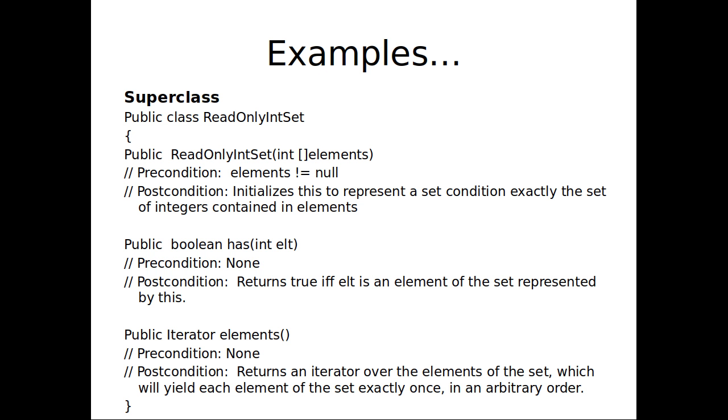What history property might someone want to infer from this? It'd actually be a little bit uncertain. It always has the same elements it was created with? Yeah. Why might they be uncertain about that? Well, why might they have some confidence that might be a reasonable assumption? Because it's called read-only int set.